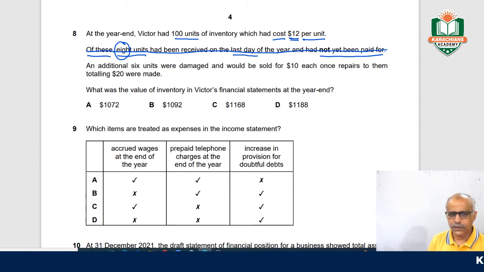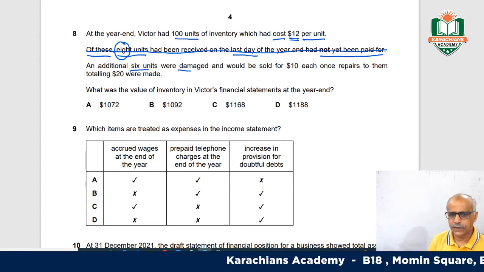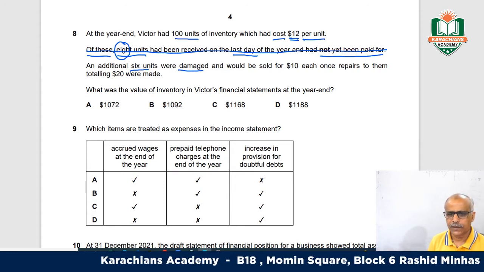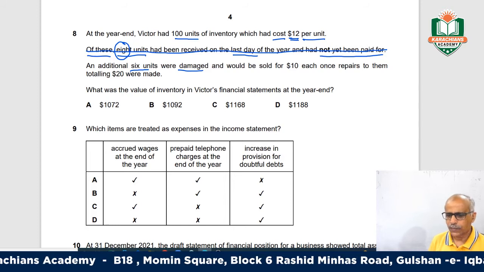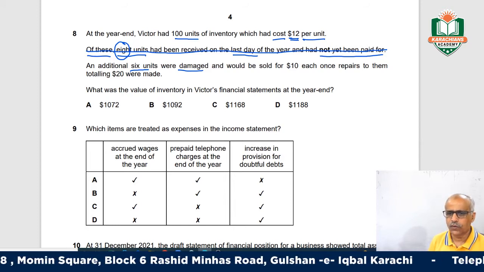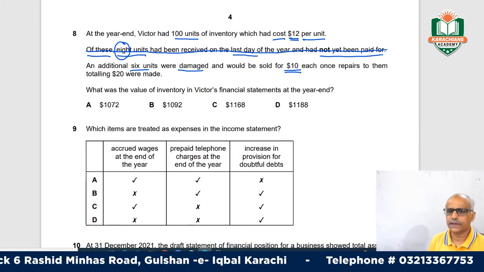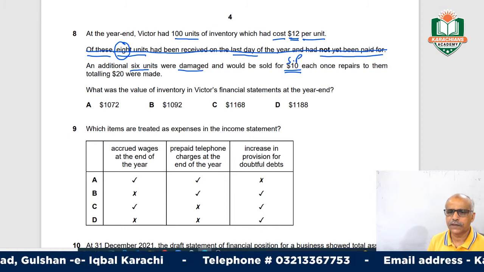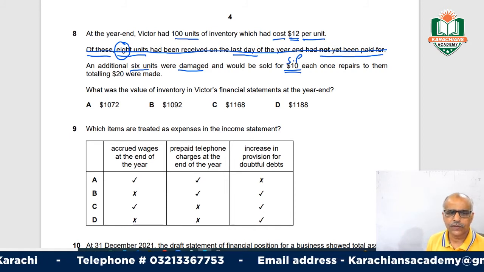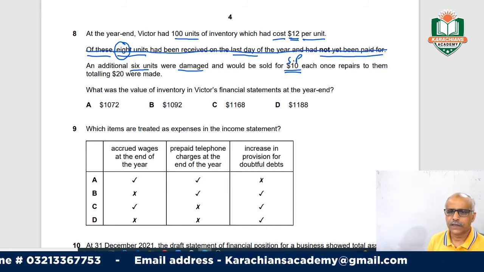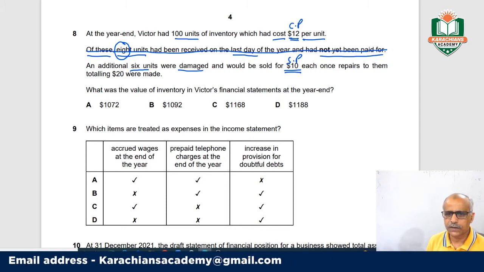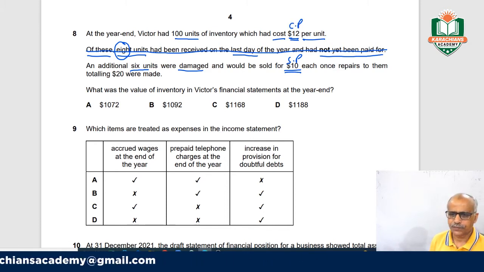An additional 6 units were damaged. Yeah, this we have to consider, and would be sold for $10. This is the sales price of these damaged units. This is your cost price and this is sales price, right?